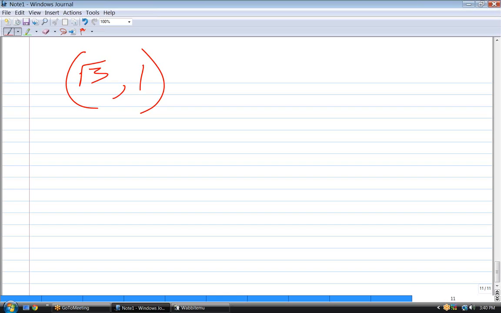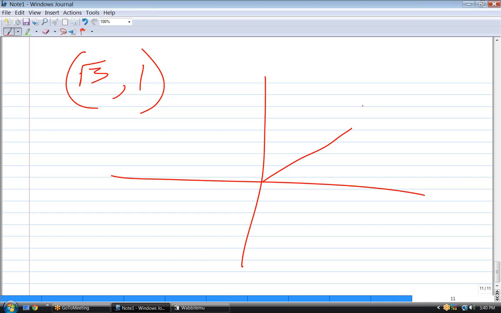All right. What they're saying here is that there's some angle where that thing would have coordinates root 3 comma 1.